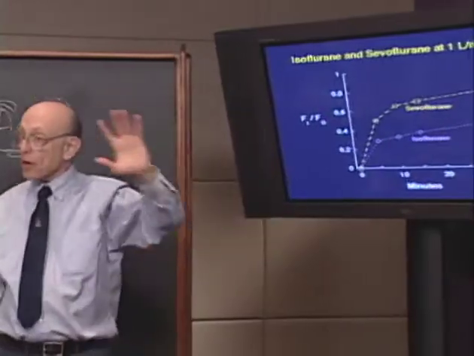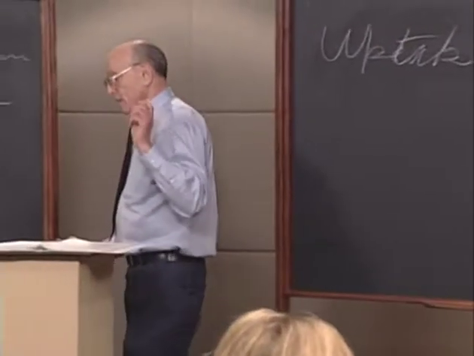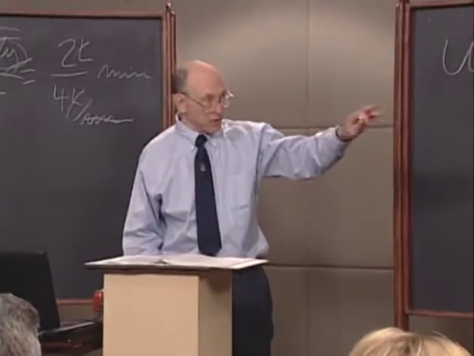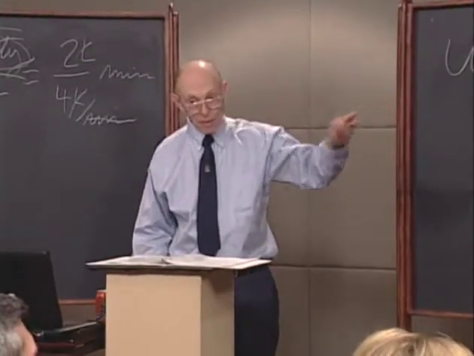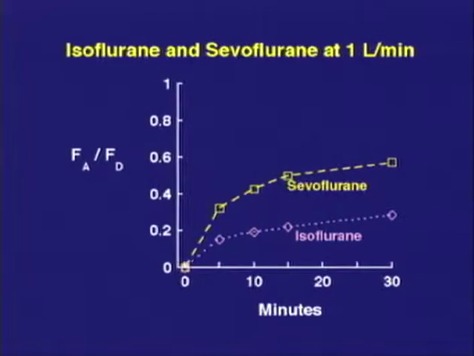Same amount of rebreathing, but of gases now that have been exhausted of their anesthetic by a lesser amount because sevoflurane is less soluble. Less is taken up than is the case with isoflurane. But even that says that sevoflurane's inspired concentration is not the same as the delivered concentration, and the alveolar concentration will accordingly be affected. So the alveolar concentration is perhaps 50% of the concentration that we're delivering.